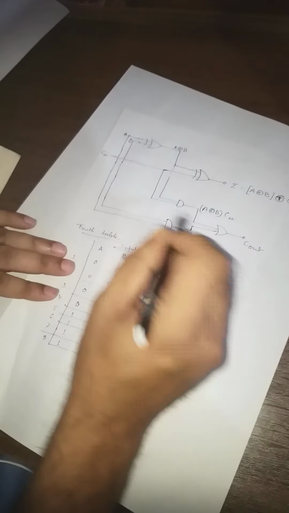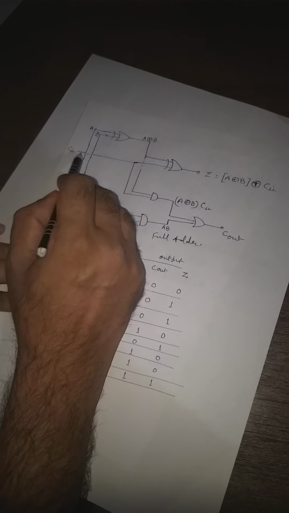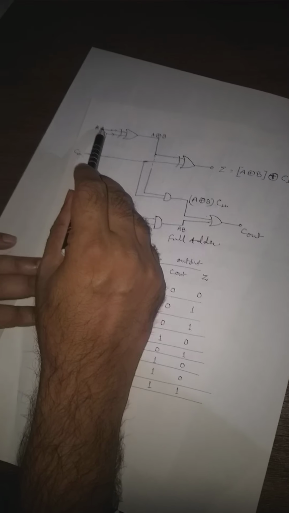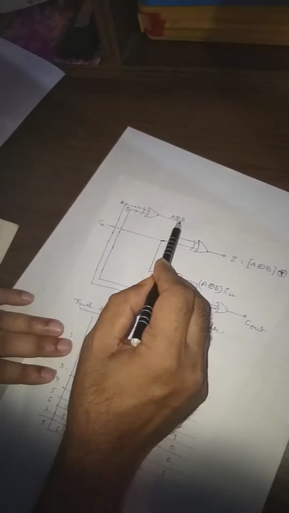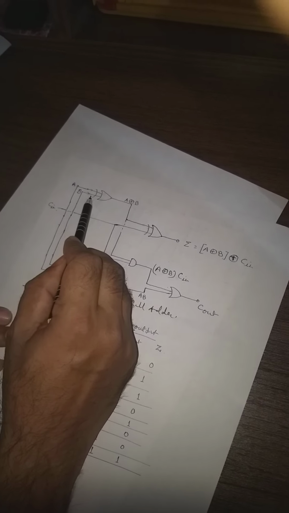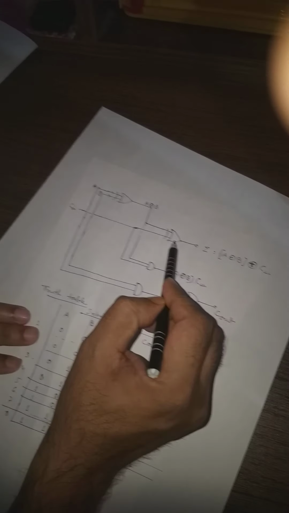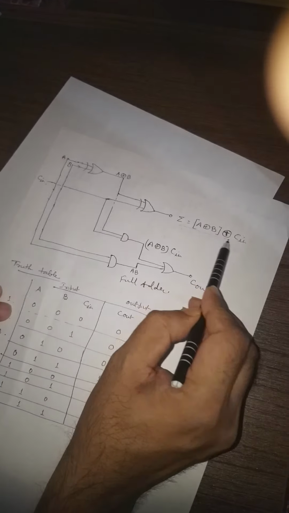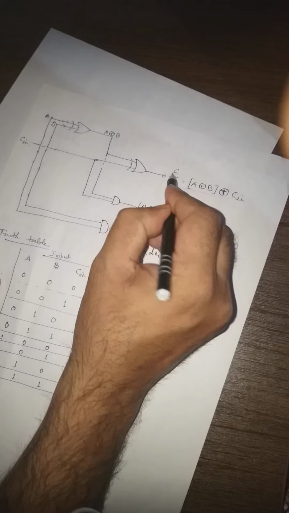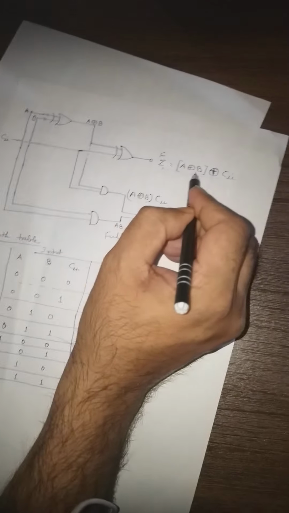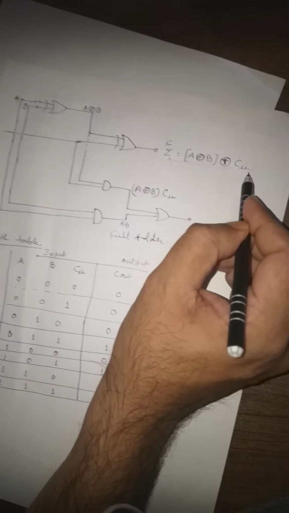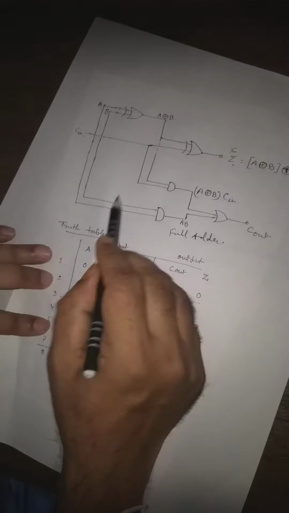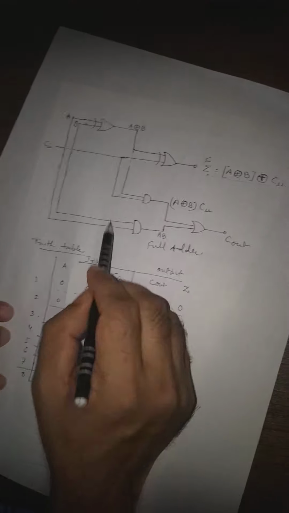In this case, this is your A and B and C. There are three inputs, which means this is your addend, augend and input carry, and this is your A exclusive OR B gate. So your sum S is A exclusive OR B exclusive OR C, and then this is your full diagram of the full adder.